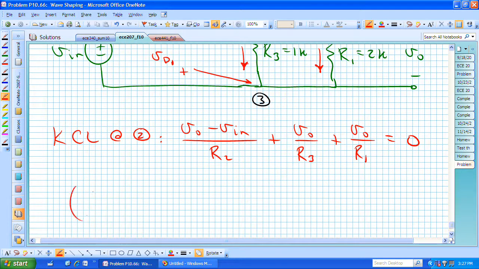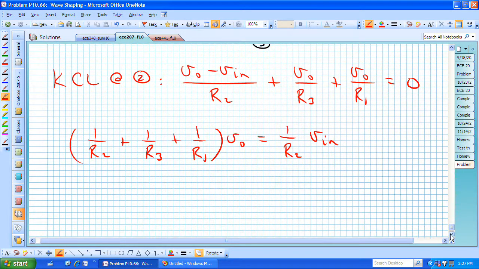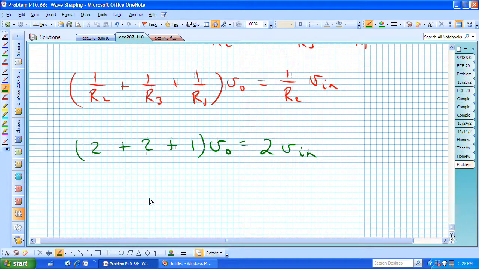If we factor out the common variable V0 and push Vn to the other side, and multiply through by 2k on both sides, we have (2 plus 2 plus 1) V out is equal to, and R sub 2 was 1K, so multiplying by 2k we get 2 V in. We can now say that V out is 2/5 V in.